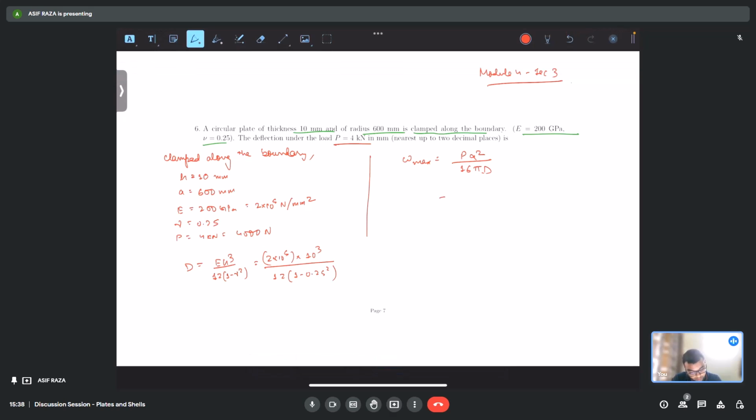So if you substitute all this, 4000, a² is 600², 16π, and the D value is as computed.